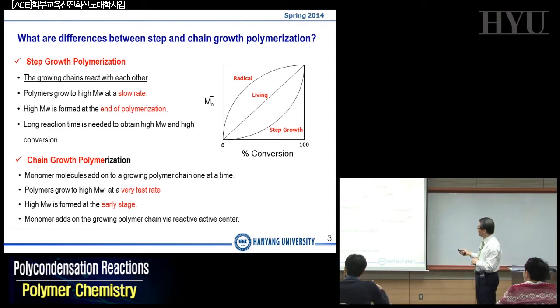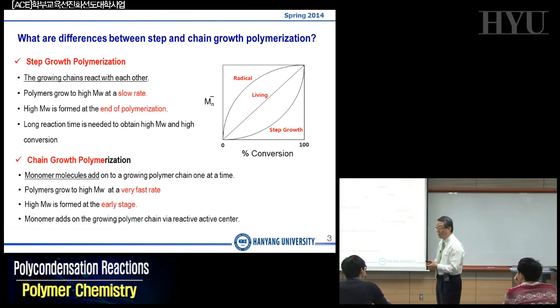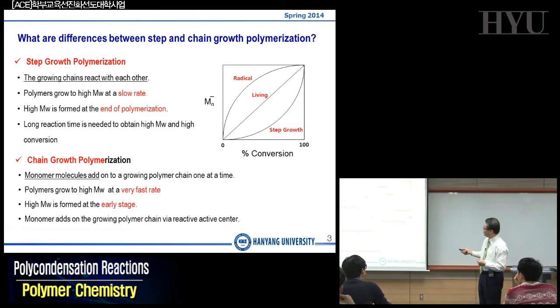Now, I have here some kind of azeotropic line here. Okay, this is very simple, similar to your distillation curve in chemical engineering, and what you can see here is that the percent conversion is equal to the molecular weight, and it's increasing very linearly, okay, not exponentially, but linearly.